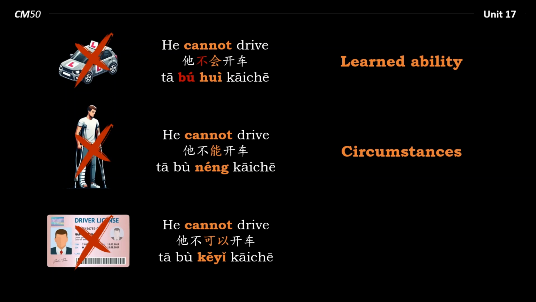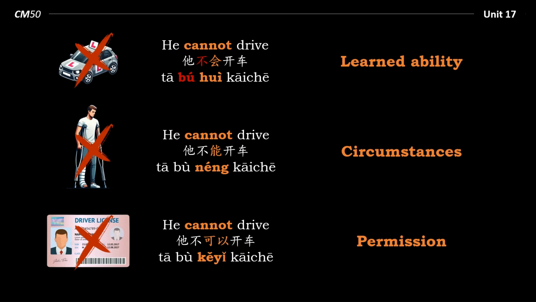This could be to do with possibility, or it could be to do with permission. His license has been taken away from him, and therefore he cannot drive. He does not have the permission. 他不会开车, he has not learned the ability. 他不能开车, his circumstances do not allow him to do so because he's broken his leg. Or 他不可以开车, he does not have the permission because his license has been taken away.